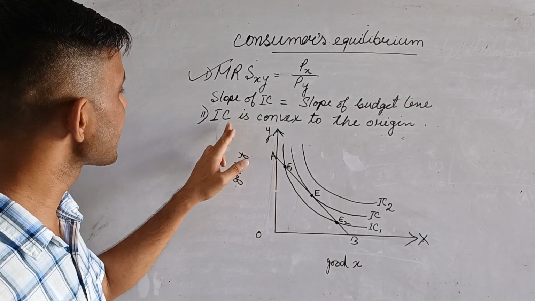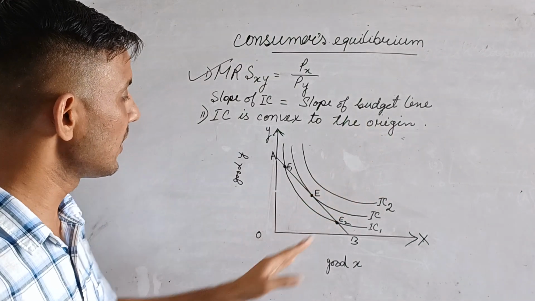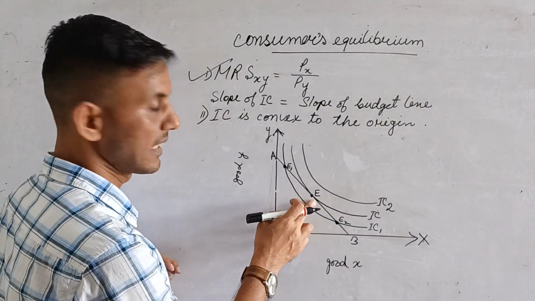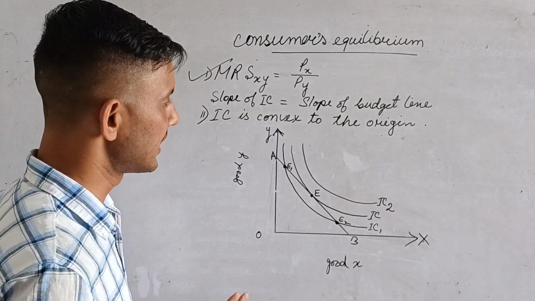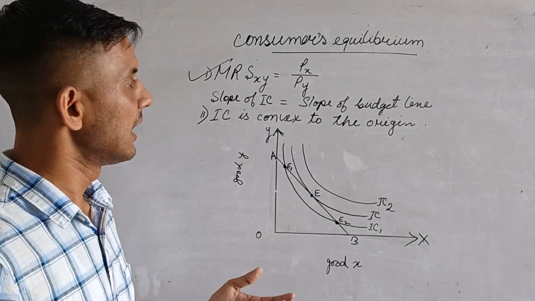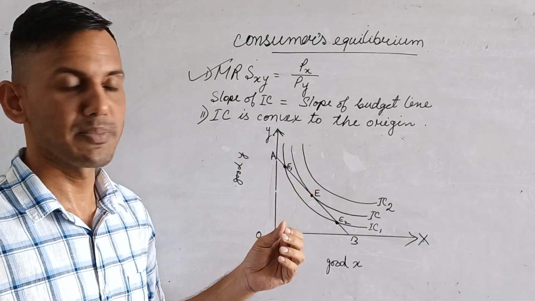But if you see the second condition, that IC is convex to the origin, then only point E is convex to the origin. So point E satisfies both conditions at the same time.